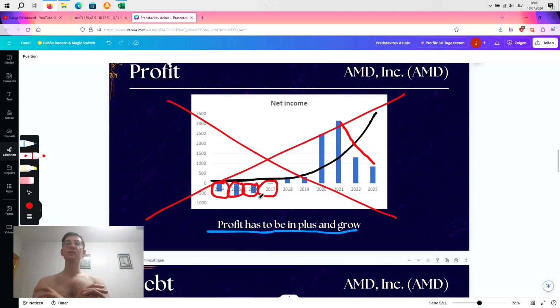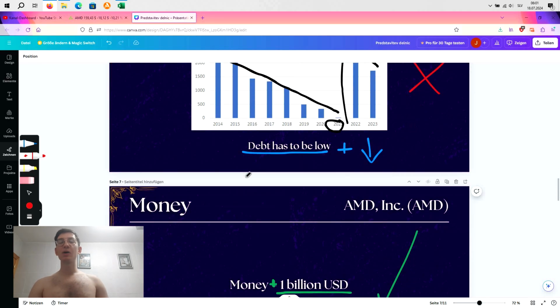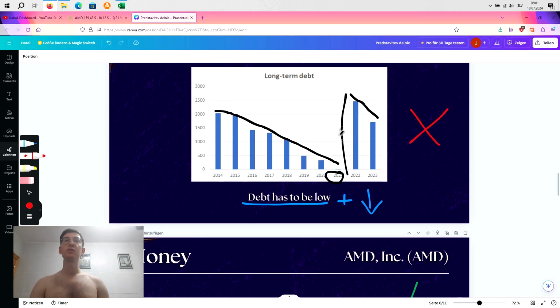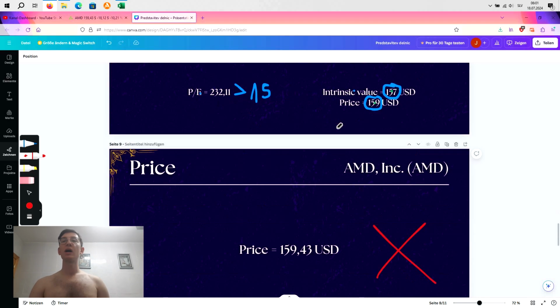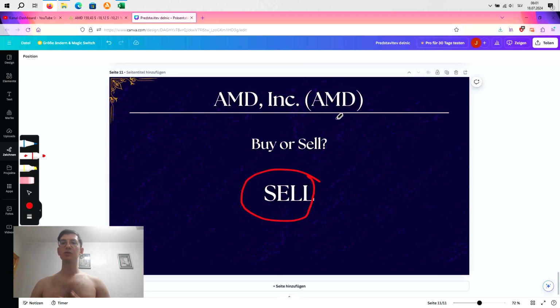Whenever we see a loss, that's a no-go. Overall, the stock is also overvalued because the P/E ratio is way higher than it should have been, and that's about it. Debt has increased in the last few years, unfortunately, but whenever you see a loss, that's immediately a sell in my opinion, so I personally would not buy it.